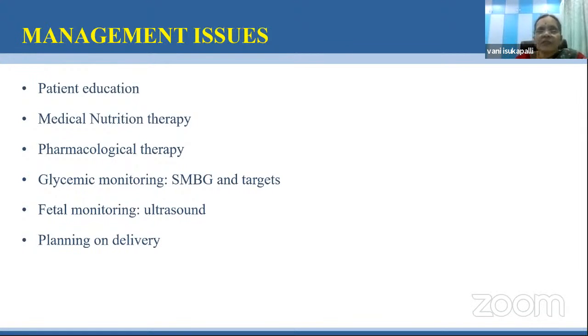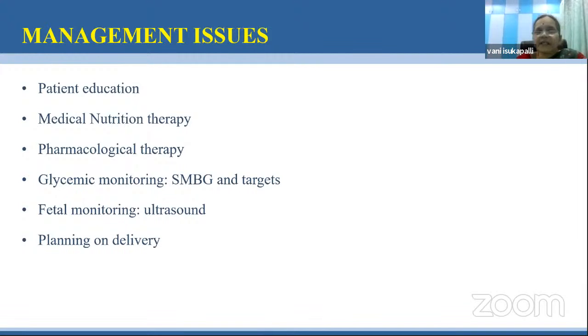Now, this patient needs to be educated on why diabetes in pregnancy is a complicated issue, how it can complicate the mother, and how it can complicate the fetus. This sort of education is important.